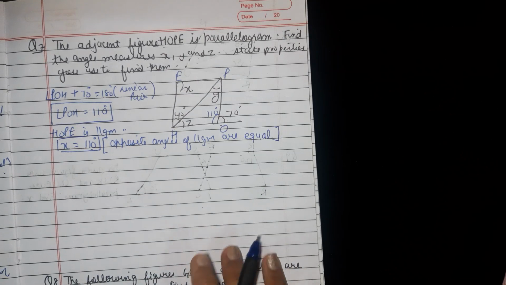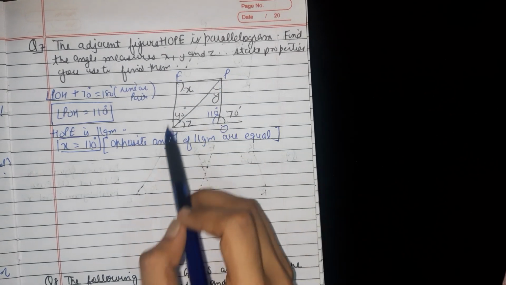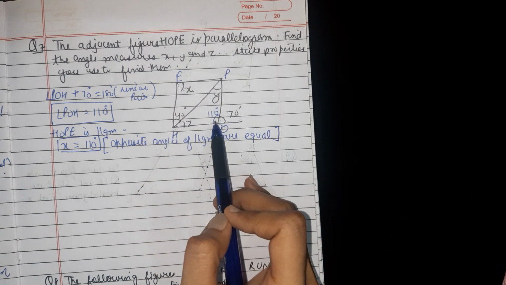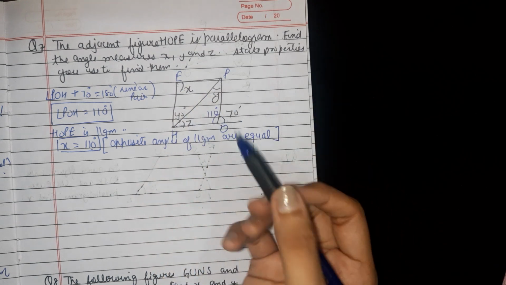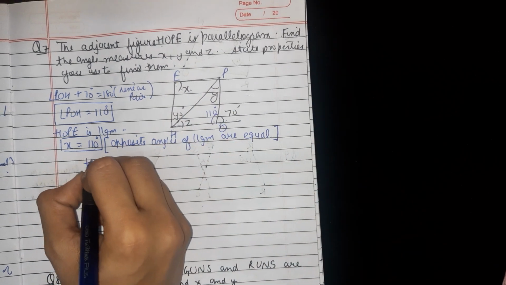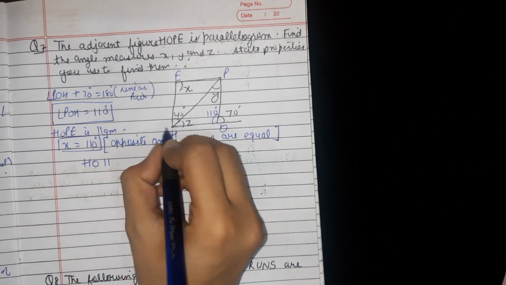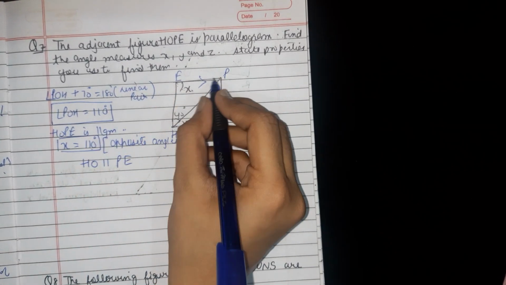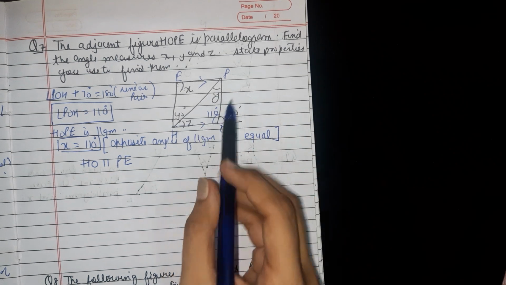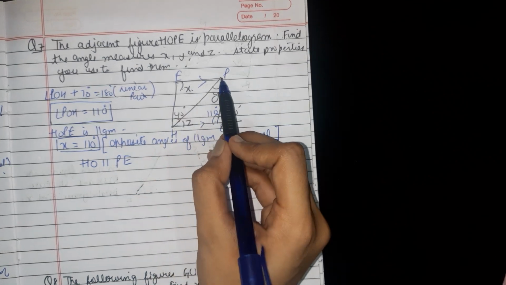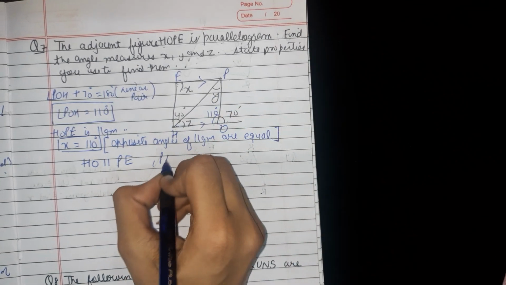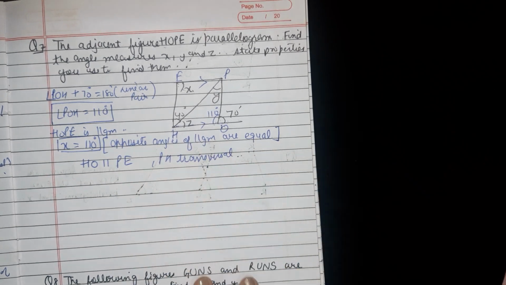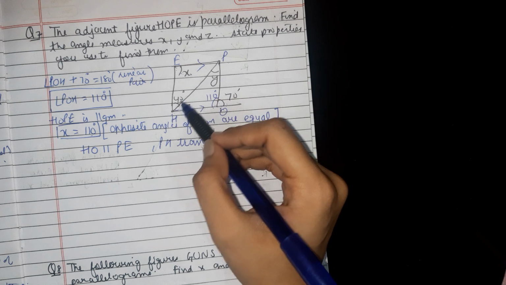Also we know that HOPE is a parallelogram and the opposite sides of the parallelogram are equal as well as parallel. So here HO is parallel to PE and HO is equal to PE also. So this is parallel to this, and PH is a transversal.